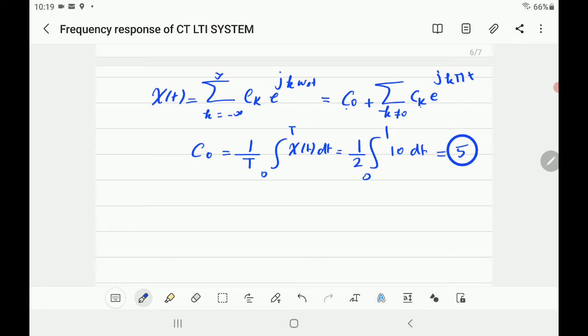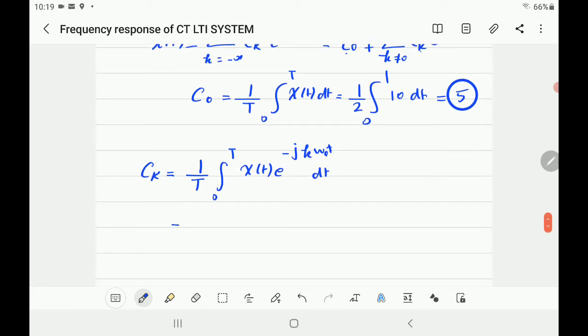You want to find c_k. I will just show you the beginning to save your time. c_k is 1 over T times the integration from 0 to T of x of t e to the power of minus j k omega naught t dt. I will start it: 1 over 2, from 0 to 1, and the value is 10 e to the minus j k, where omega naught is equal to pi, t dt.